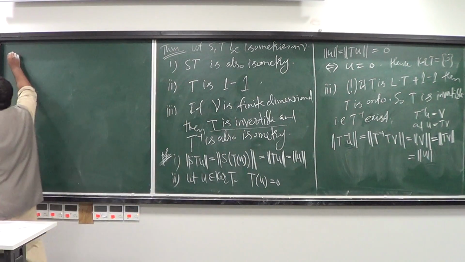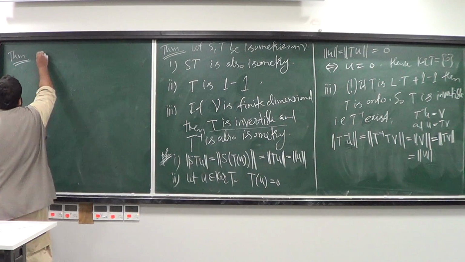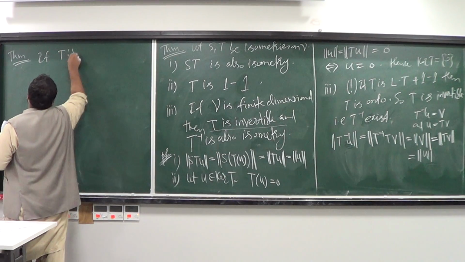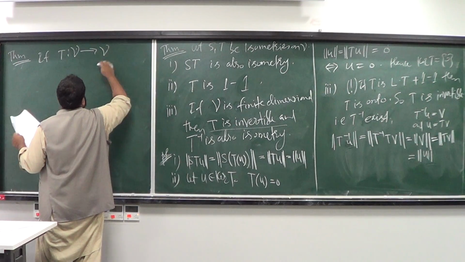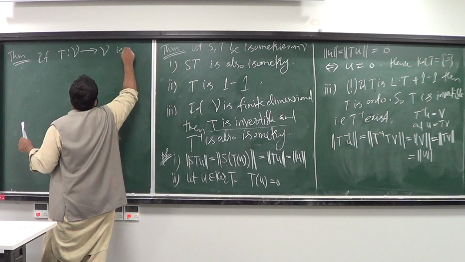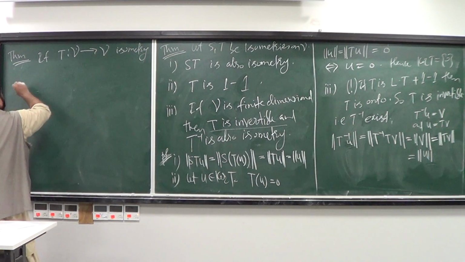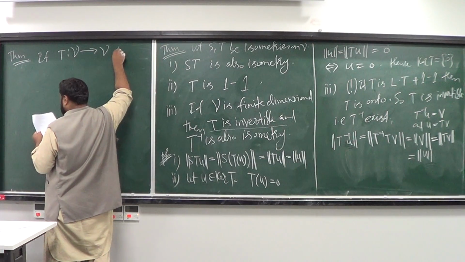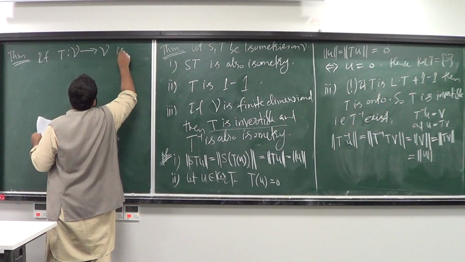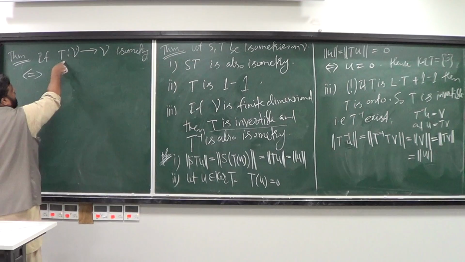So here is another interesting property, which says that if T is an isometry from calligraphic V into calligraphic V, where calligraphic V is the inner product space, then I can say it is an isometry if and only if, obviously it must be a linear transformation.